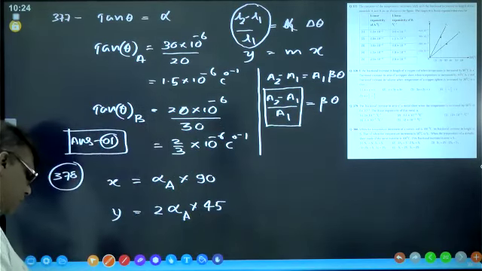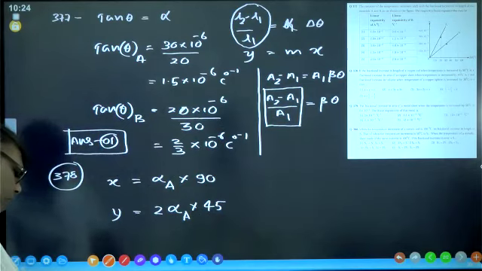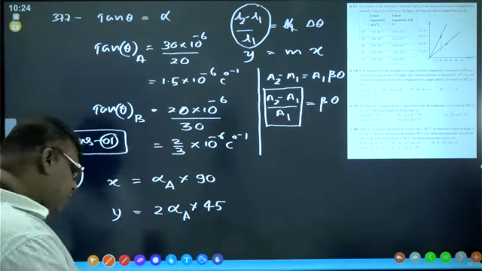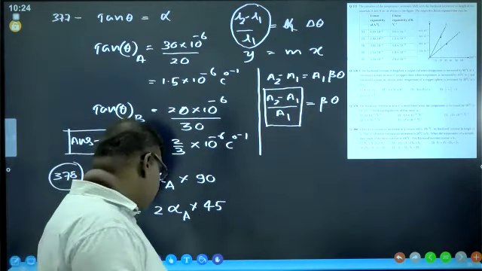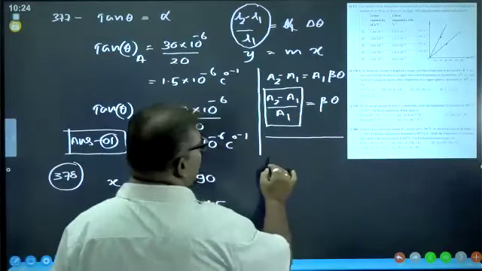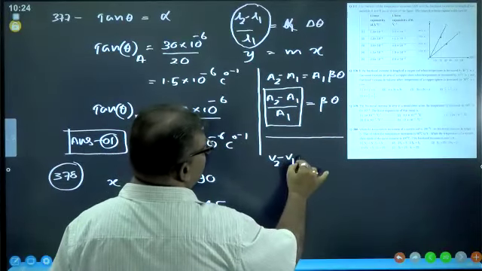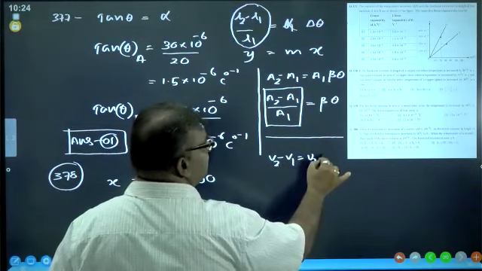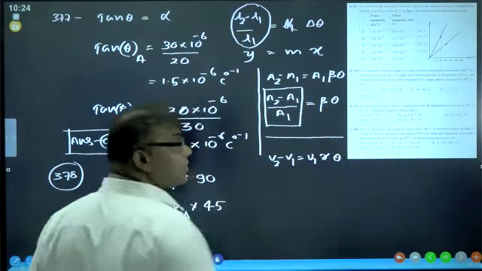And third case, fractional increase in volume when the temperature of the copper sphere is increased to 30 degrees Celsius. Then the volume expansion: V2 minus V1 equals V1 gamma theta, where theta is the temperature difference.